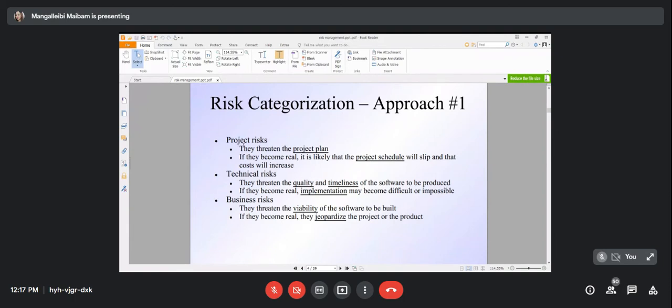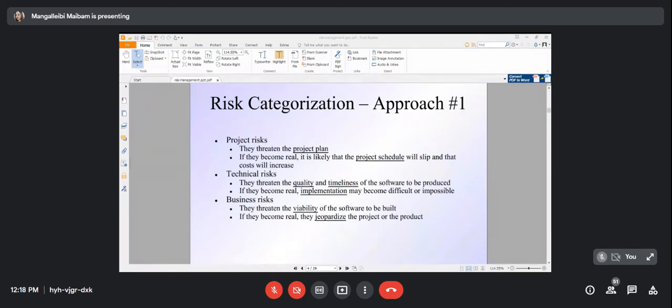That is why project risks threaten the project plan, and in turn may increase the cost of the project. That is project risk.